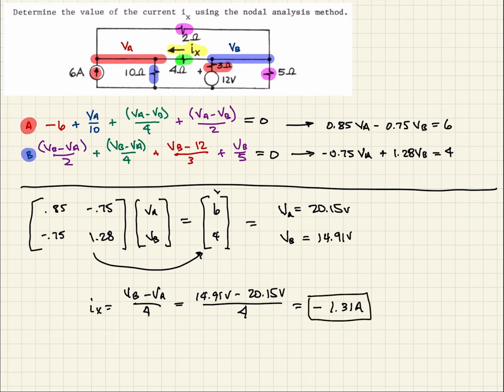And so the negative sign tells us that our assumed direction is wrong. It's actually going the other direction. That's okay, the signs work out, and that's what that tells us. So we solved for the voltages using our system of equations, and we used that to come up with what they were looking for, which was the current flowing between VB and VA.